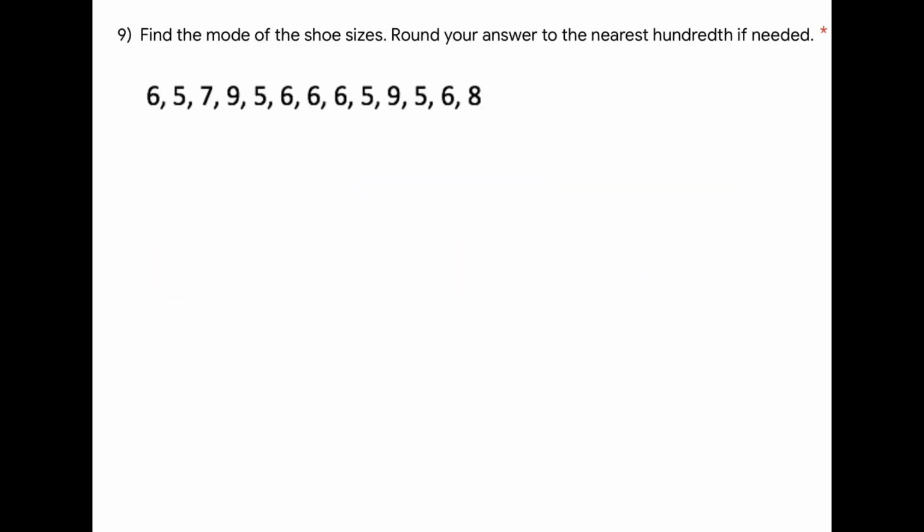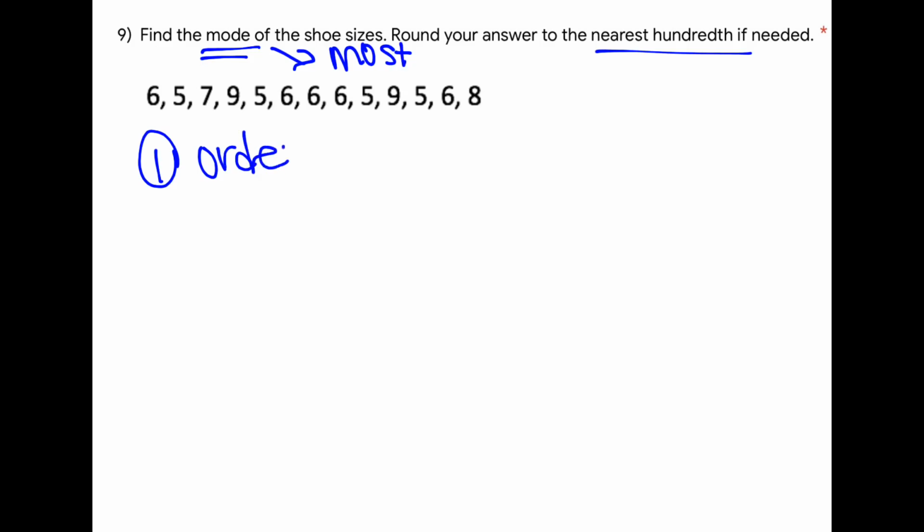Find the mode. Remember, mode means most of the shoe sizes. Round your answer to the nearest hundredth if needed. Our first step is to order from least to greatest.